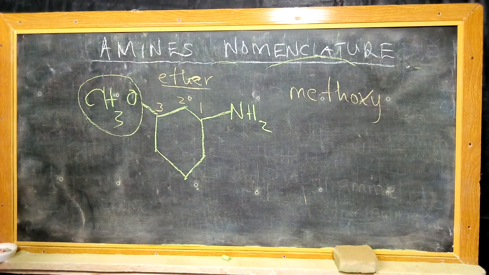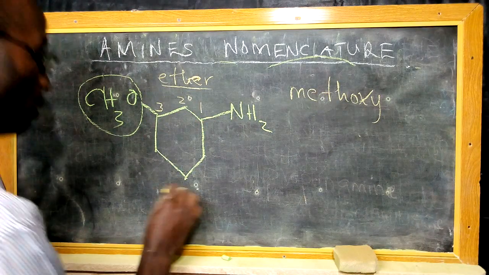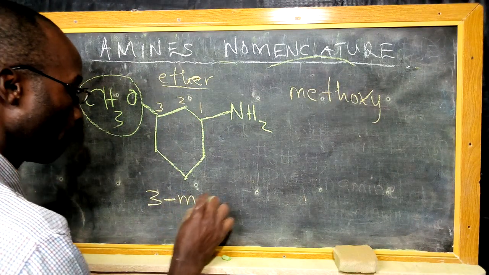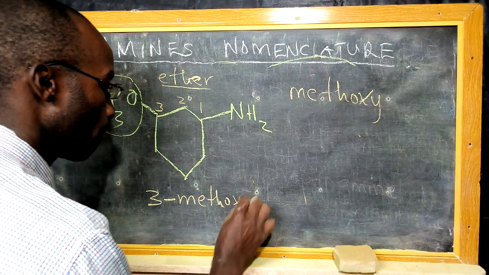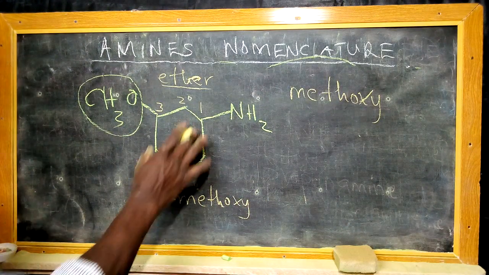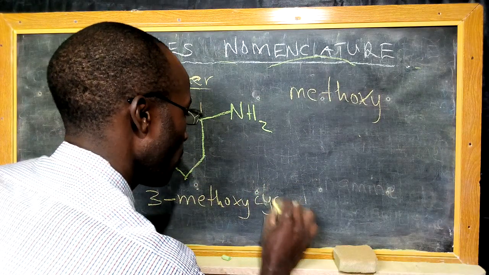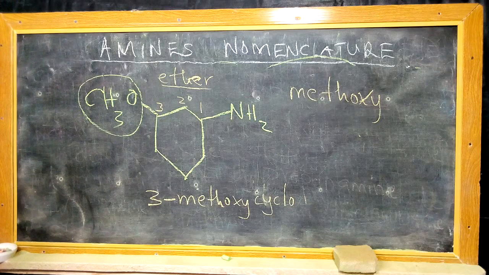So we shall put the number at its position, so it is 3-methoxy. This compound is cyclic, so we shall put the name cyclo. And then that particular ring is an alkane.